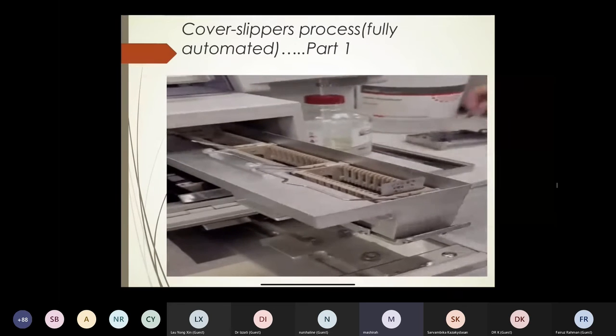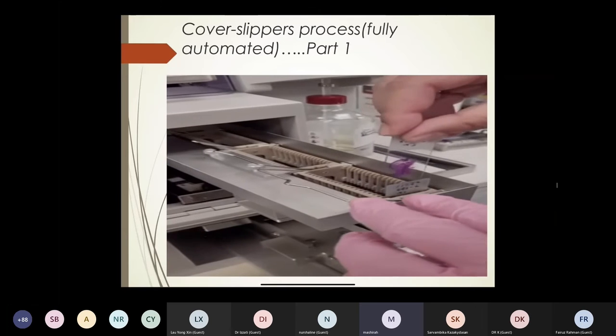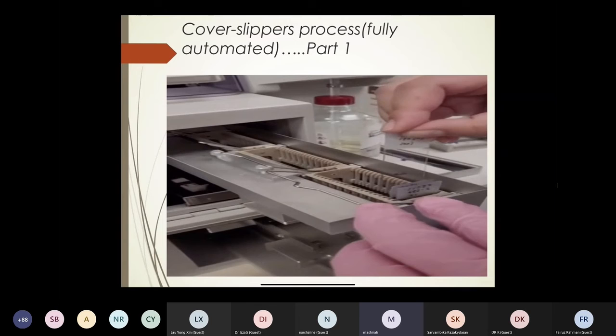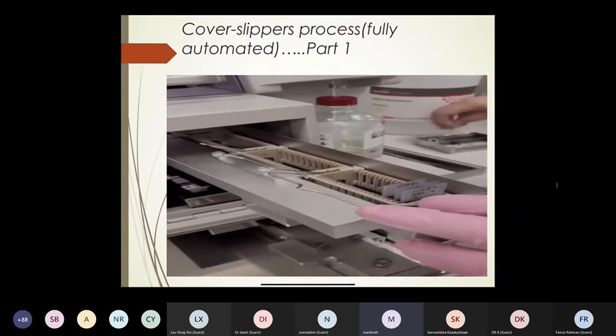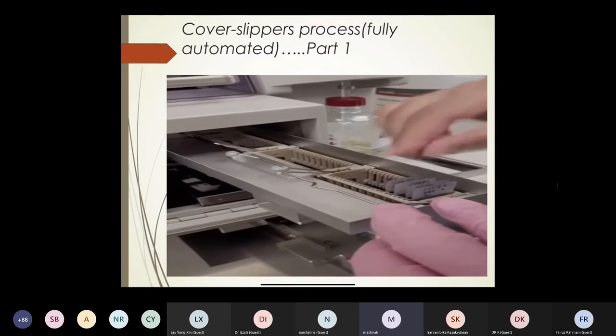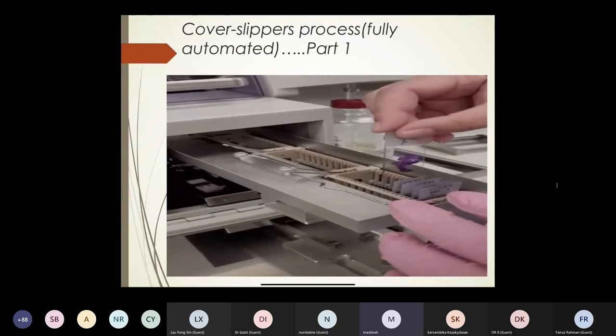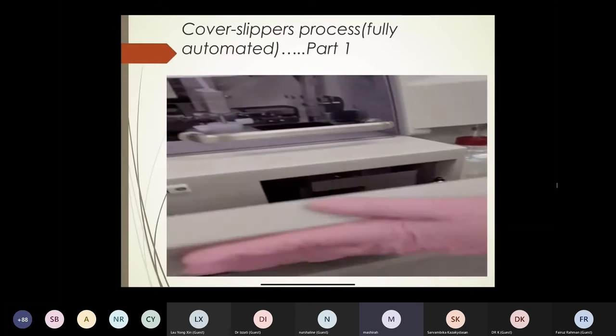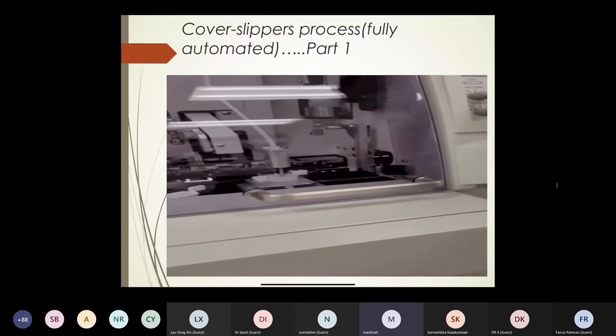Here, the MLTs are loading all the slides in a special rack on the cover slipper machine. Fully automated also.